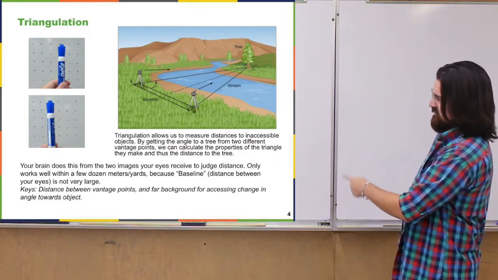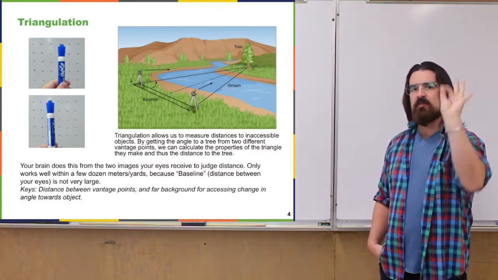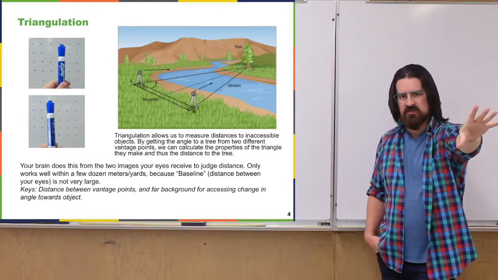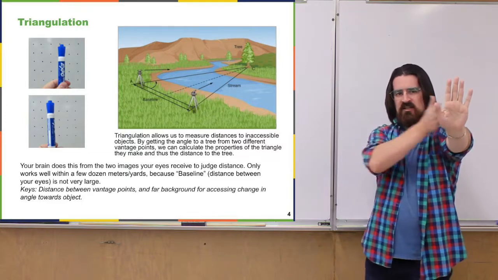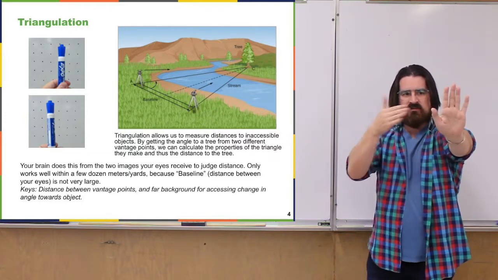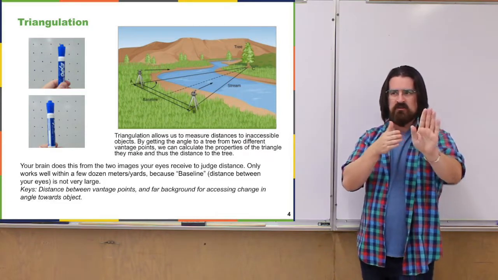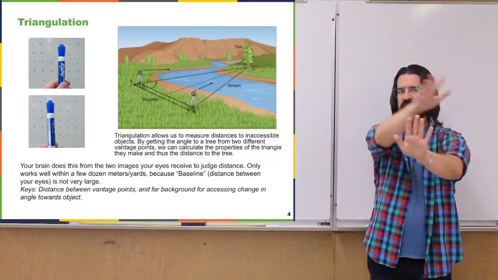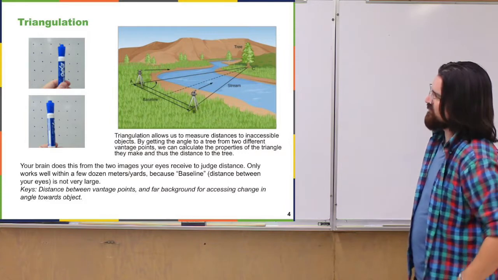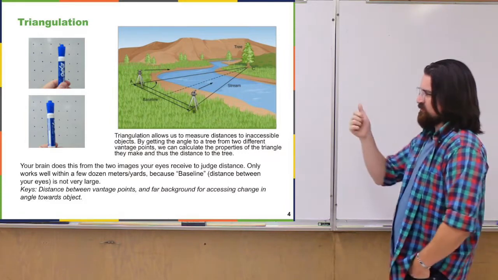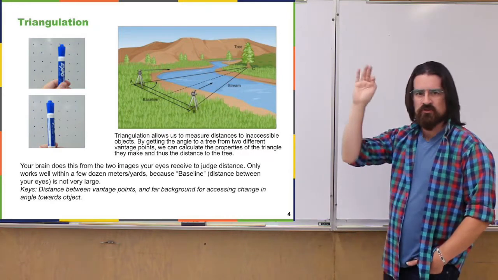Something else that's key that might not be obvious is that you need some sort of backdrop that's far beyond the object you're trying to view. Because in order to say that that object looks like it's at a different angle or has a different direction from my different viewpoints, I need to somehow situate that object within some background. So in the picture on the left, I did two pictures of a pen from the left and right eye, and I just drew a really simple little grid of dots.